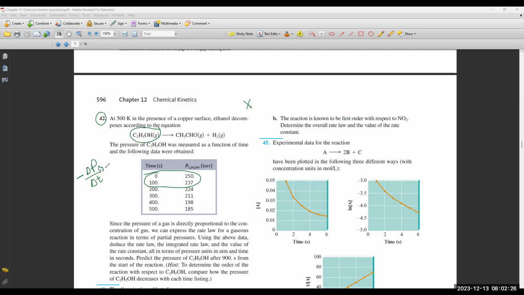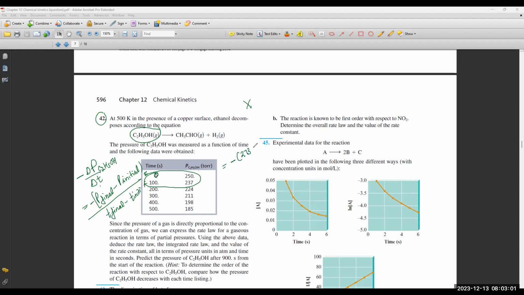Pressure of C2H5OH. So keep minus here. P final minus P initial. That's the definition of average rate. Delta T is T final minus T initial. This is your initial 0. This is your final. Now you plug in the values. What is final?